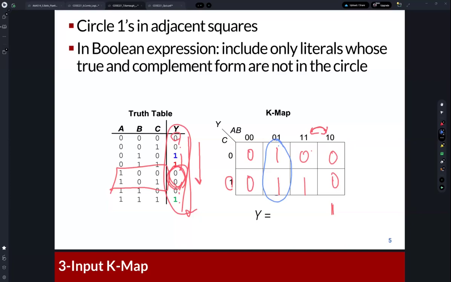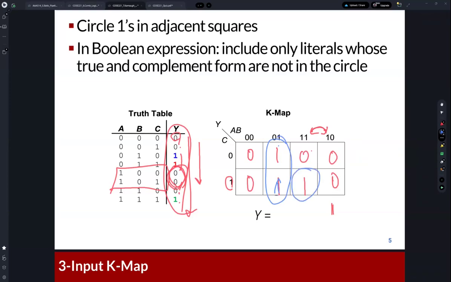Then next, we can also merge these terms. It's okay. So the 1 is included by this circle, and this 1 is also included by this circle. It's okay. So we need to make the largest possible circle. So you may think that we can merge it like this, and this is 1, also can merge it like this.